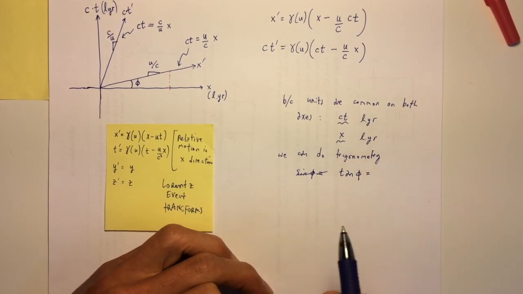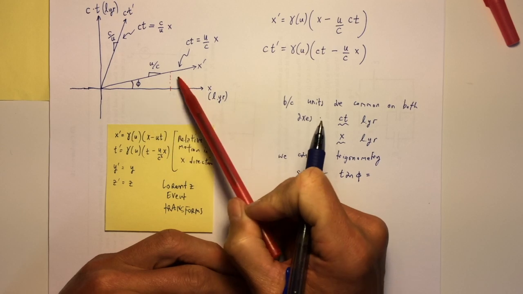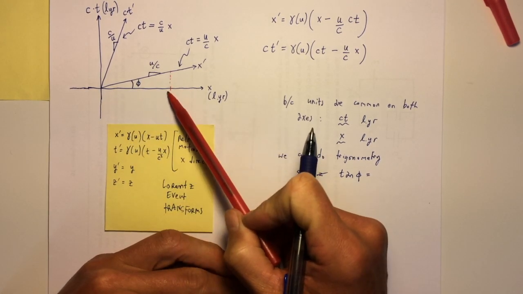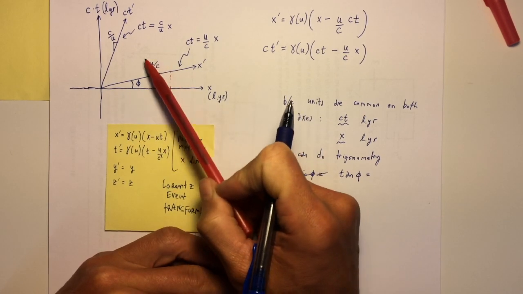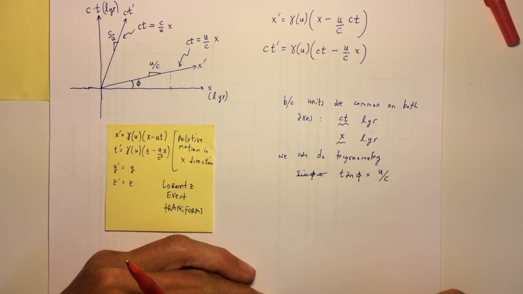So the tangent of phi is the opposite over the adjacent. And the opposite over the adjacent is actually the rise over the run. And the rise over the run is the same as the slope. Like this.